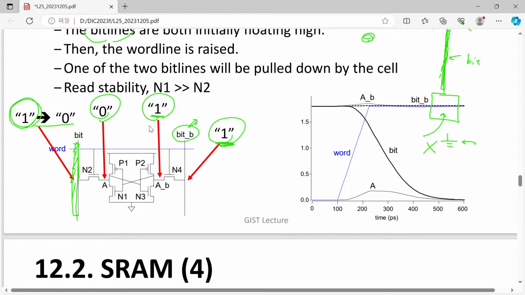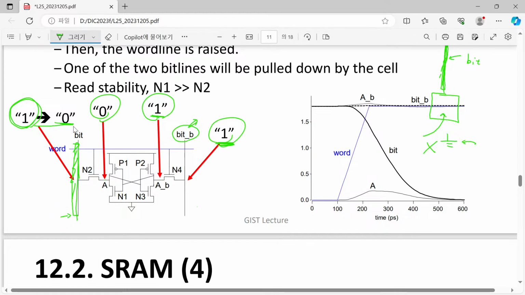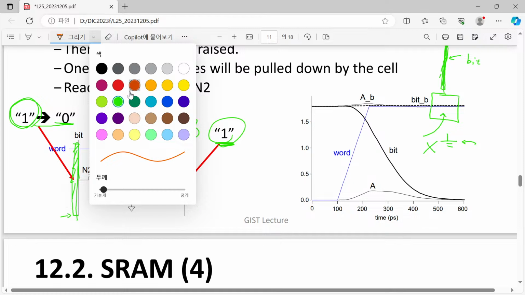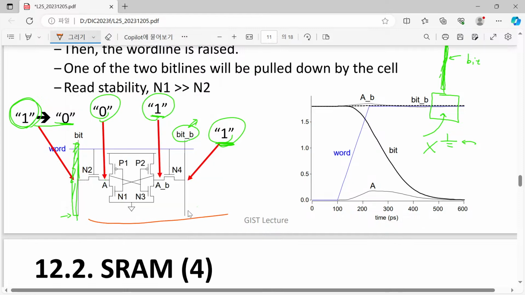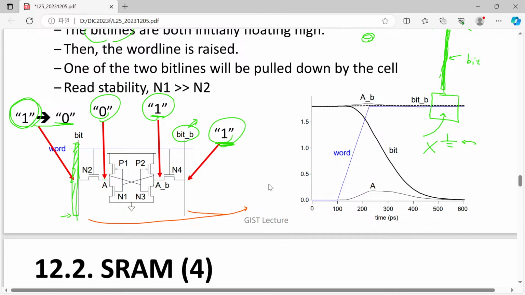The point is, after this read operation, this voltage does not decrease to exactly 0. However, what we can easily detect is that we now have two lines, and they show a certain voltage difference. This voltage difference is detected by the latter circuitry, which determines whether the bit line is higher or the bit line bar is higher.